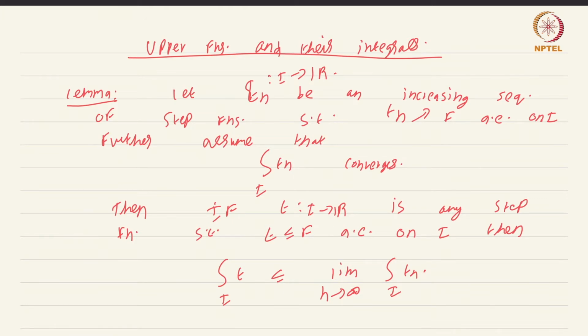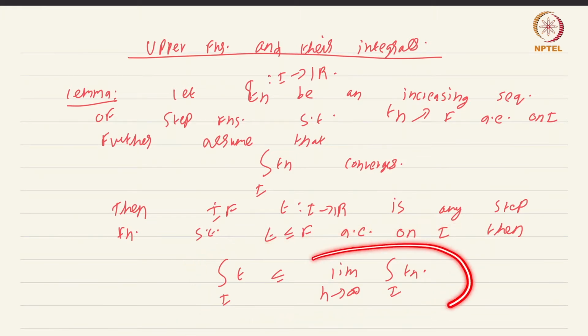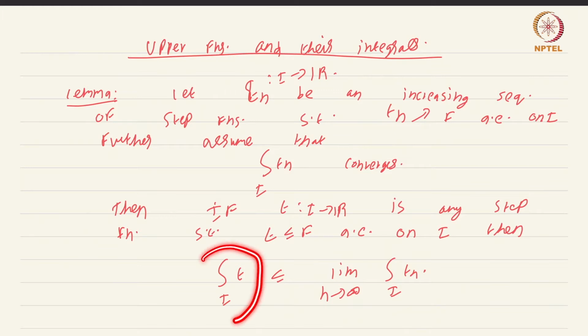That's essentially what this is saying. As you can guess, we are going to define the integral of the function f using this formula. And this fact that the integral of T over I is less than or equal to the limit of the integral over I of Tn will help us to prove the well-definedness of the integral of the function f.